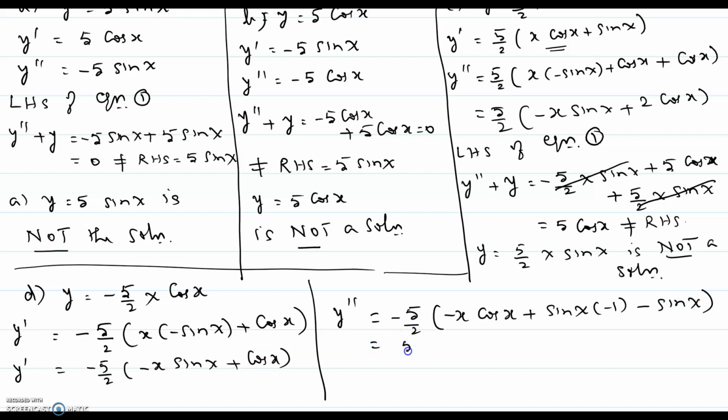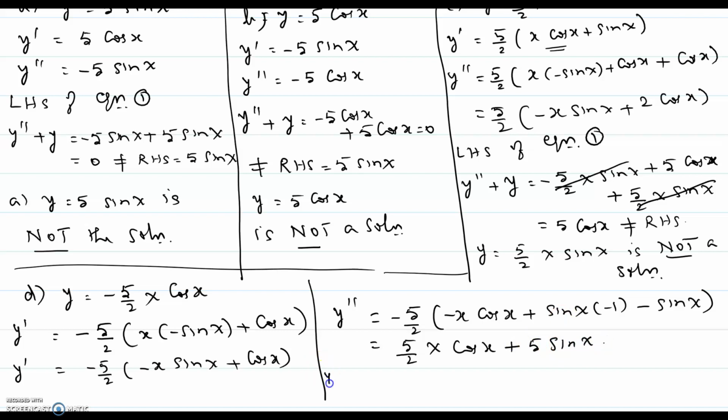So if you distribute, it will become 5 halves x cosine x, and then negative sine x, that will add up to negative 2 sine x. So when you distribute, it will become plus 5 sine x.